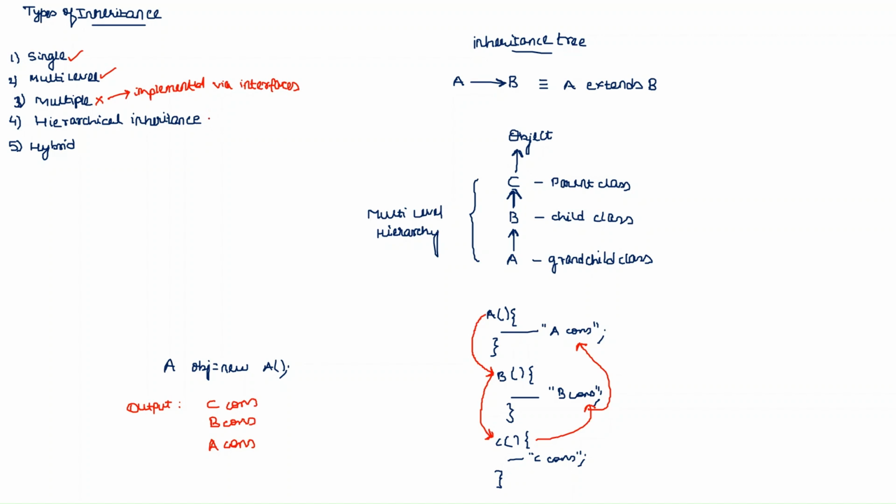Then there is hierarchical inheritance, which means that there is a superclass, let's say A, and then there are multiple classes which inherit this A class, let's say B, C, and D. So this is also possible. Hybrid inheritance is somewhat possible in Java. If a hybrid inheritance does not contain a multiple inheritance, then it is possible. But then again, you won't need hybrid inheritance in any kind of programs, as far as I remember. Okay.